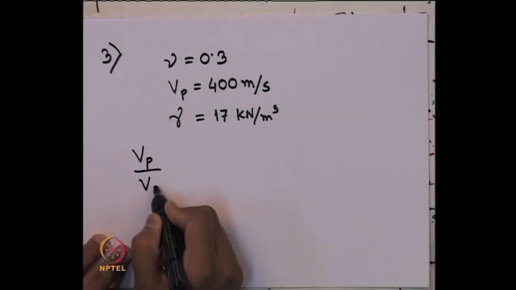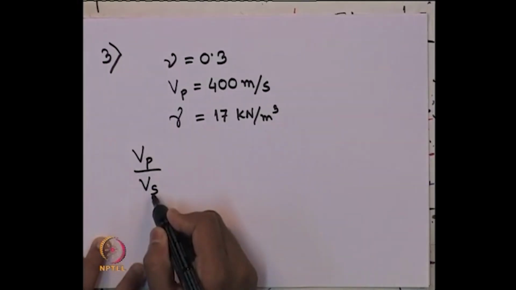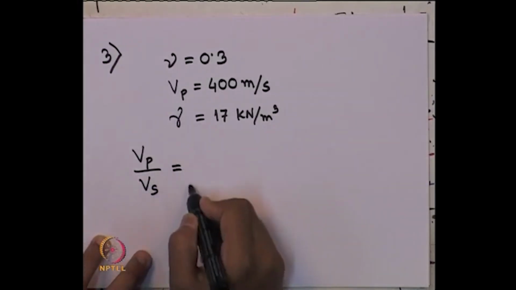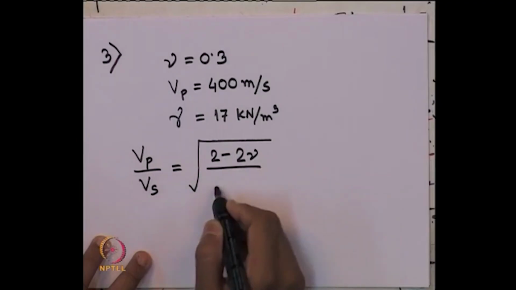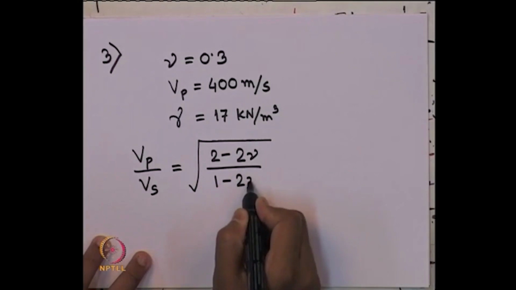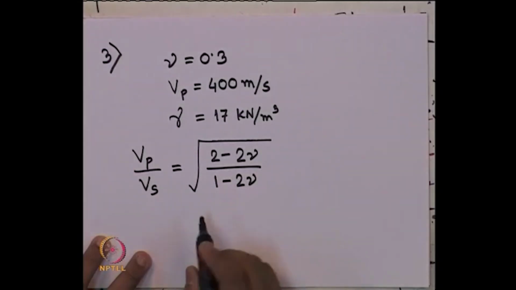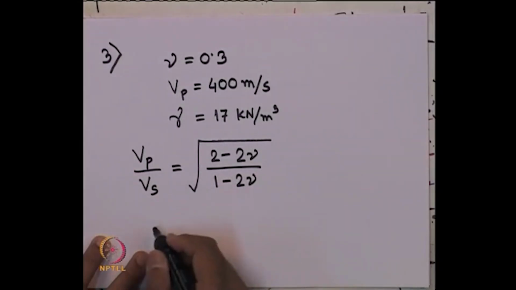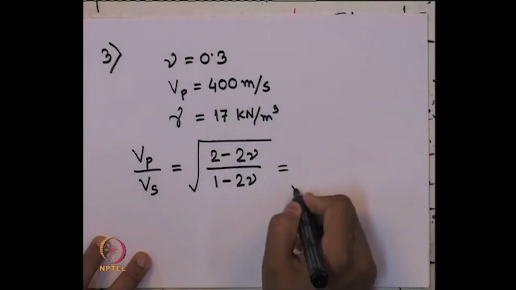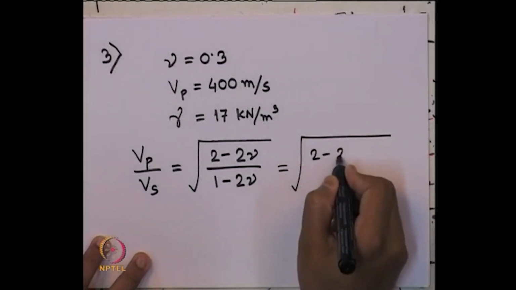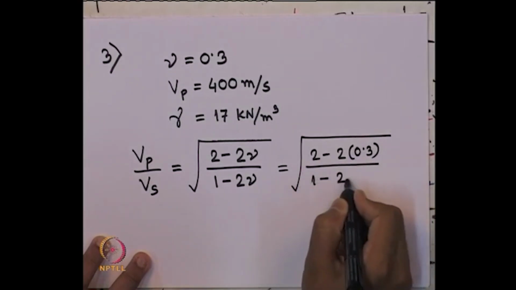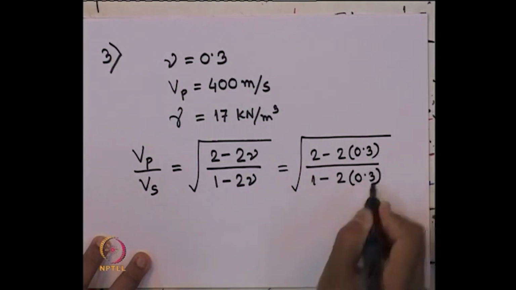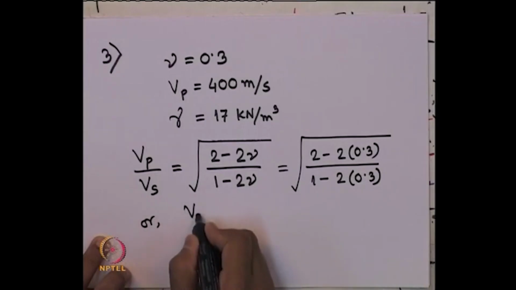Vp by Vs, that is primary wave velocity to shear wave velocity ratio, we know is given by the square root of (2 minus 2 nu) by (1 minus 2 nu). That means, if you put the value of Poisson's ratio here, which is given to us, you will get for this soil what is the ratio of Vp by Vs.